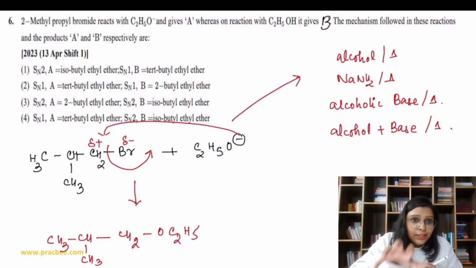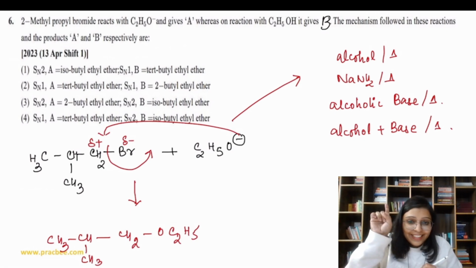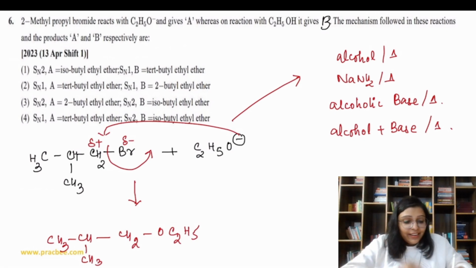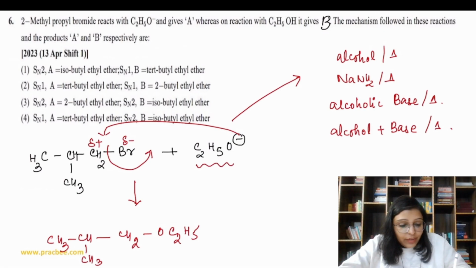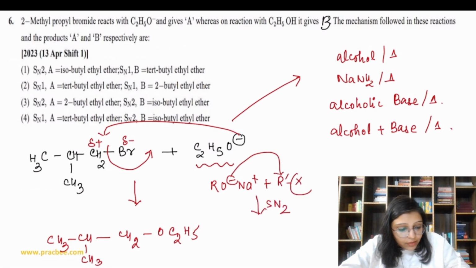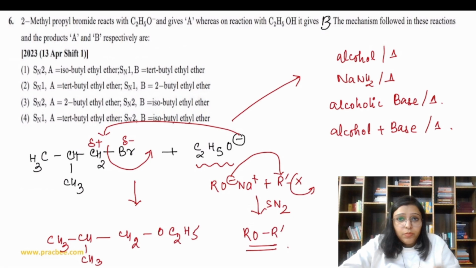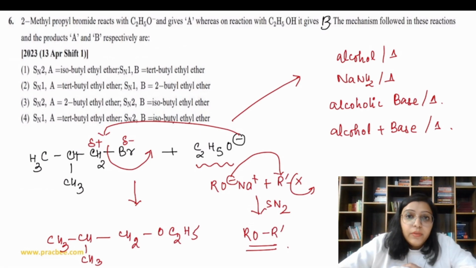This reaction is similar to Williamson synthesis, in which we prepare ether. We have RO minus Na plus and R dash X, so we generally do an SN2 reaction and we get ROR dash. We get this compound because heating is not there, so we cannot do the elimination reaction.